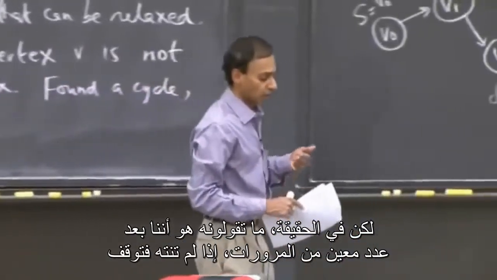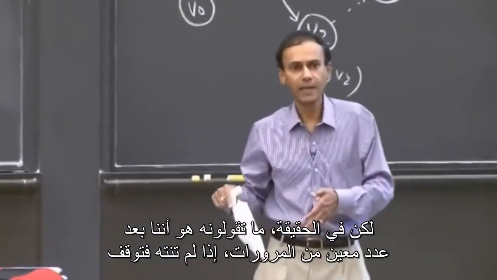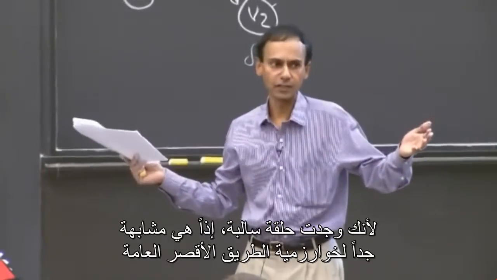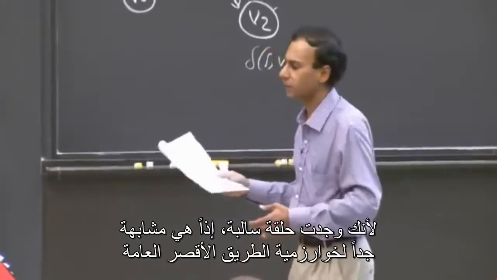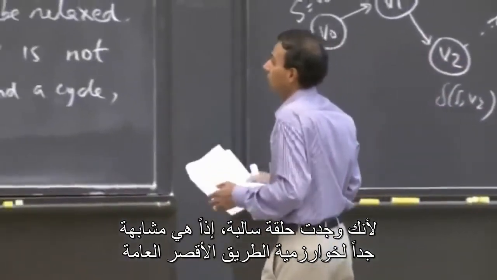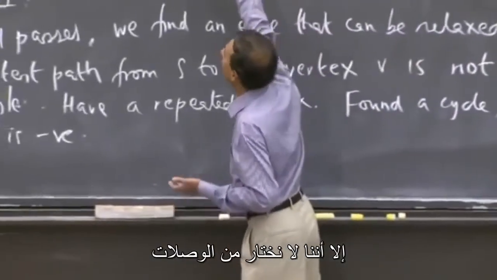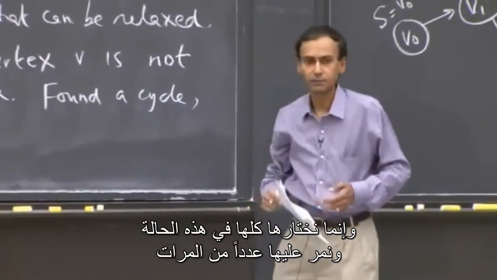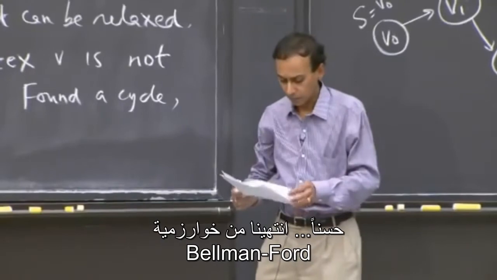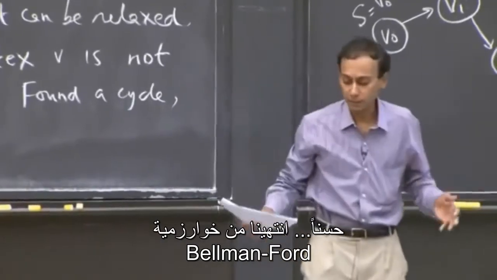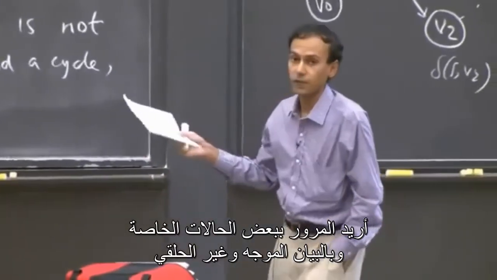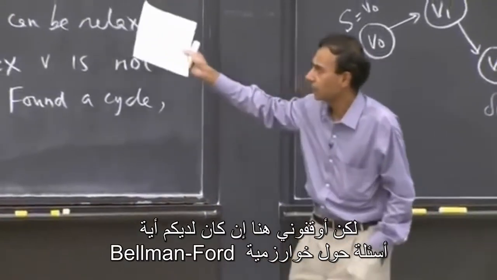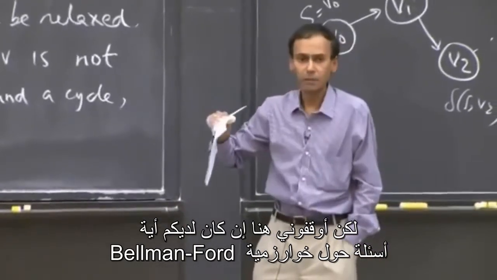But in effect, what you're saying is after a certain number of passes, if you haven't finished, you can quit because you have found a negative cycle. Right? So it's very similar to the generic shortest path algorithm. You're not really selecting the edges. You're selecting all of them in this case, and you're running through a bunch of different passes. All right? So that's it with respect to Bellman Ford. I want to do a couple of special cases and revisit the directed acyclic graph. But stop me here if you have any questions about Bellman Ford.